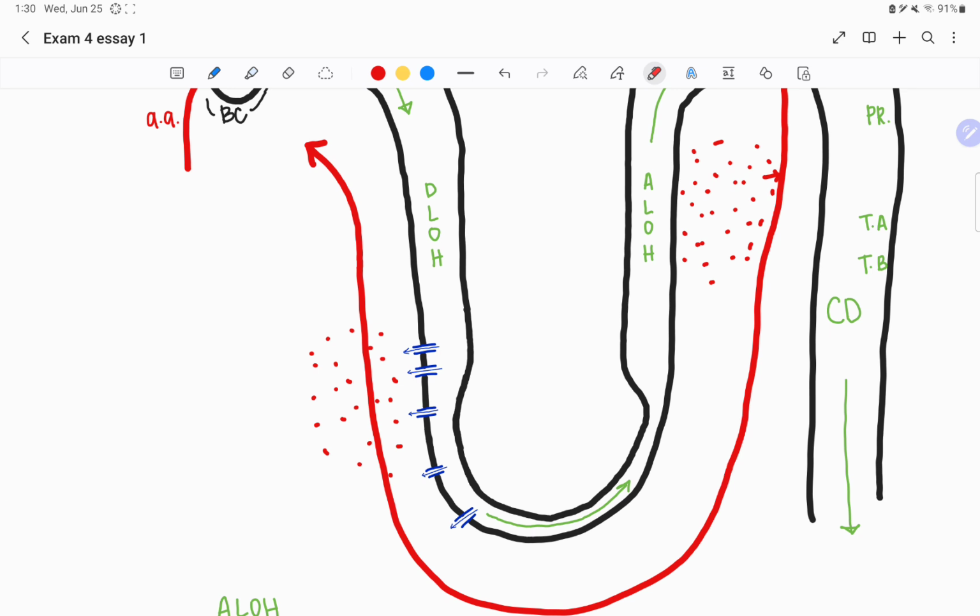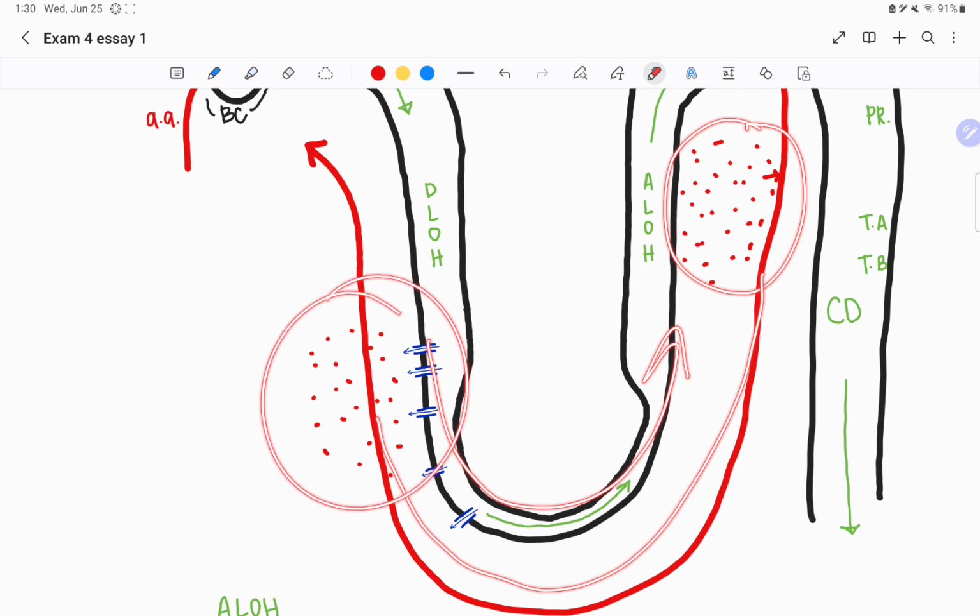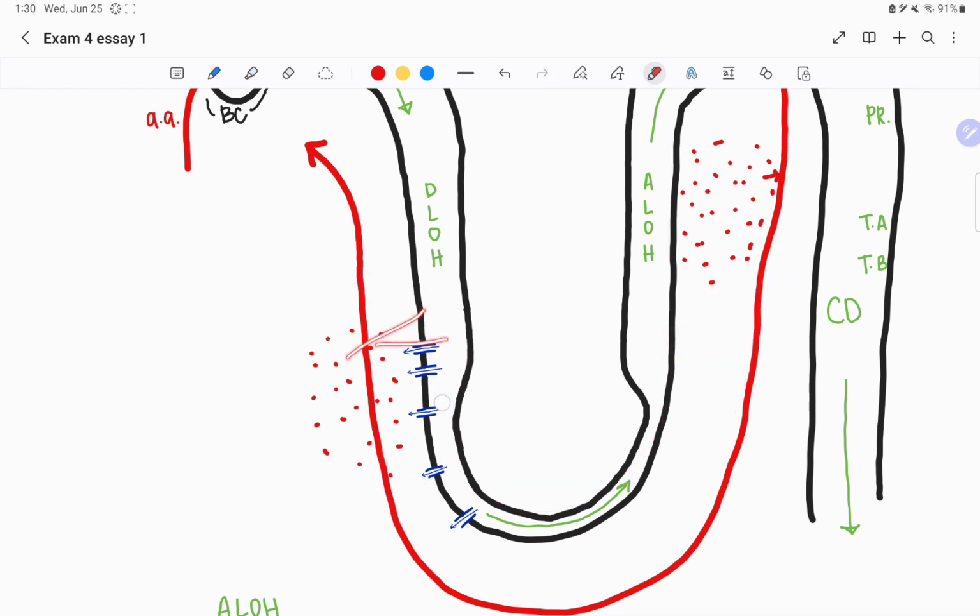Okay? So this is called a countercurrent multiplier. As we increase the amount of solutes here and it moves this direction, as this all moves this way, then we're able to get more water out here. Because if we weren't allowing for solutes to leave up here, then water wouldn't really leave here. It'd just stay the same.